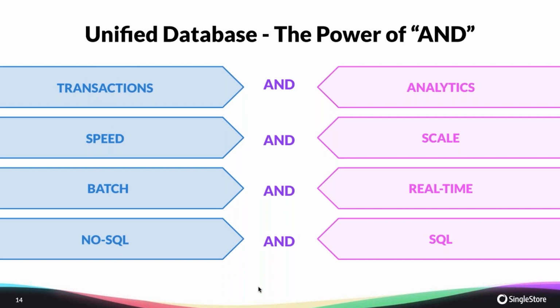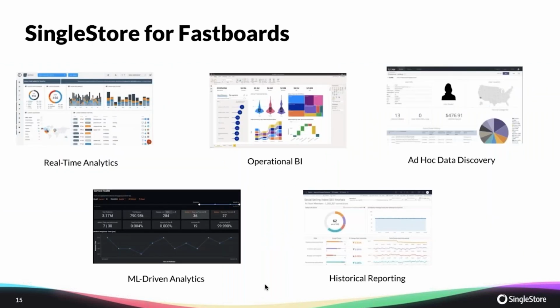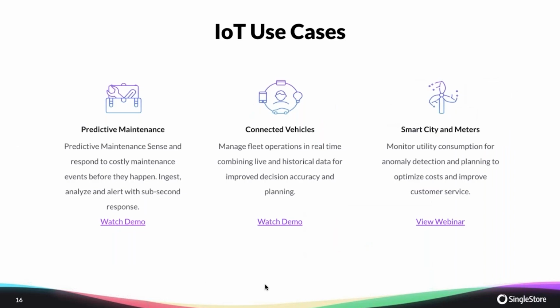So these are some of the tenets that we talk about regularly, and some of the horizontal usage cases that we support are ML-driven analytics, operational BI, and any kind of real-time decisioning, customer experience analytics, clickstream, cyber, customer service, doing things in real time. Also marrying it with the historical data.